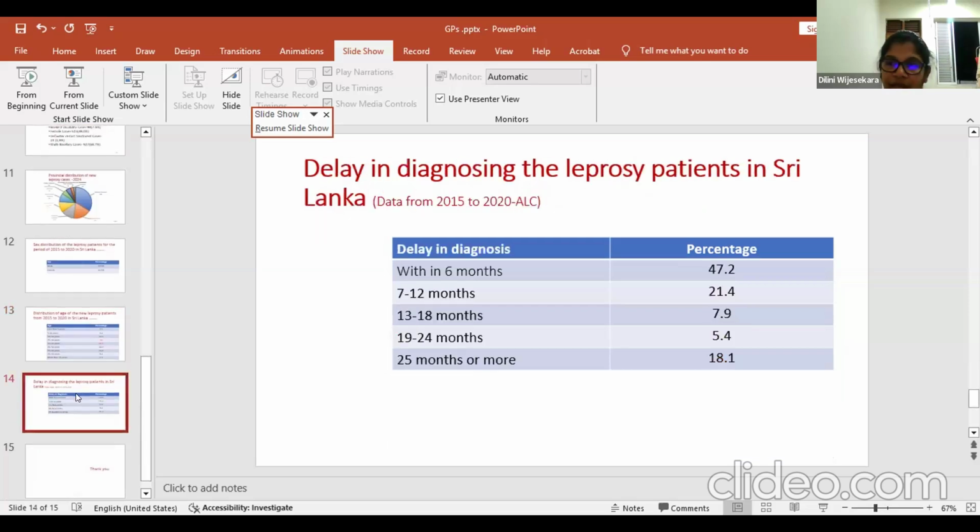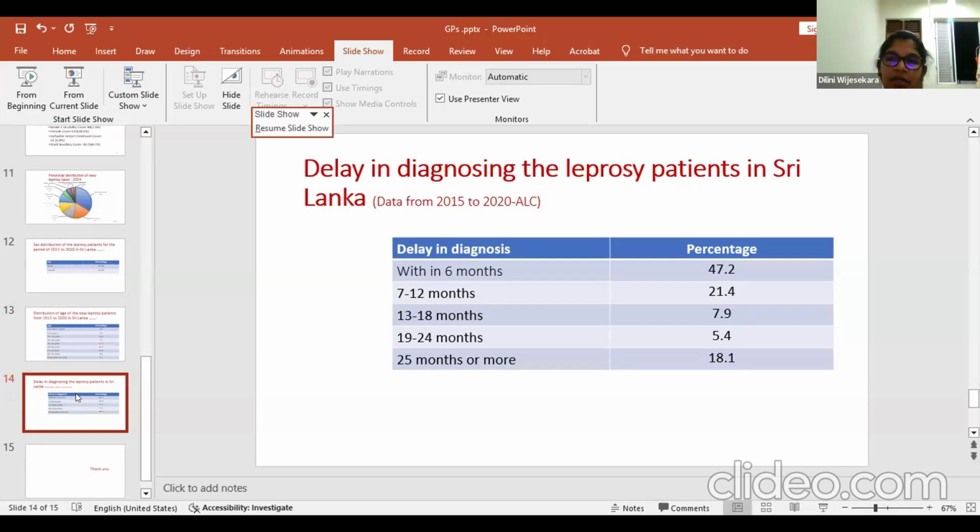So this is the last slide I'm going to show you. This shows the delay in diagnosis in leprosy in our country. You could very well see here also we have analyzed previous data from our campaign perspective. 47.2% of our people were correctly diagnosed within 6 months of the first initial clinical manifestation of leprosy.